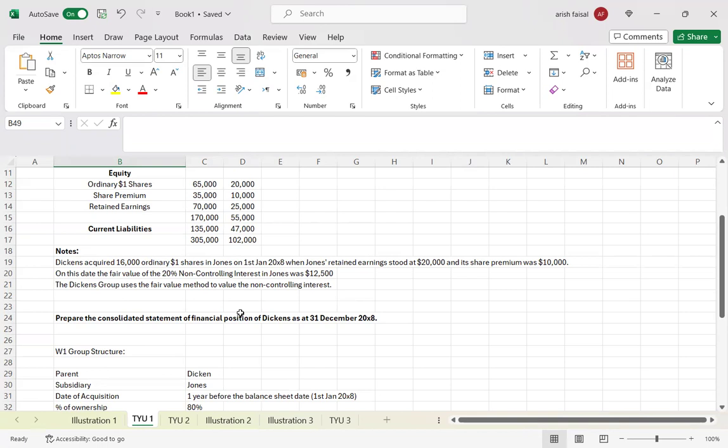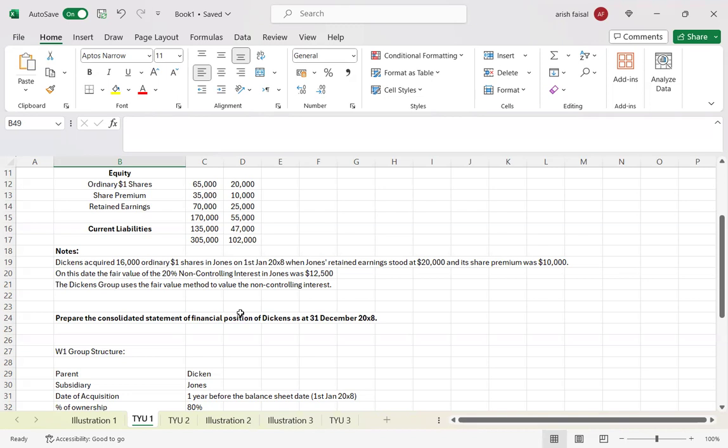In the proportionate method, the goodwill you recognize is only related to the percentage of ownership the parent has in the subsidiary. In this case, that's 80 percent. So if I write down 80 percent of the goodwill of Jones company, that's called the proportionate method. But if I write down the NCI goodwill also, it becomes the full value method.